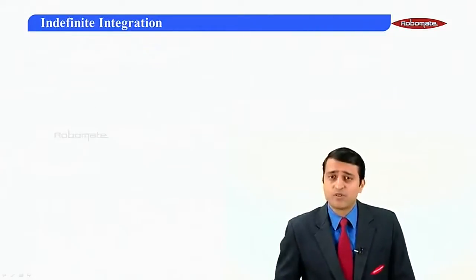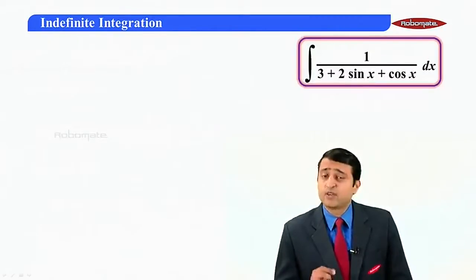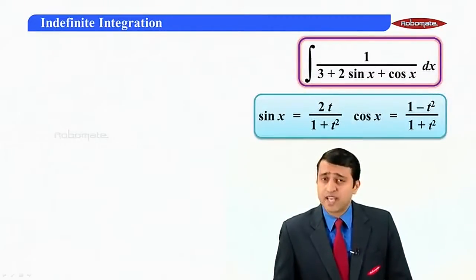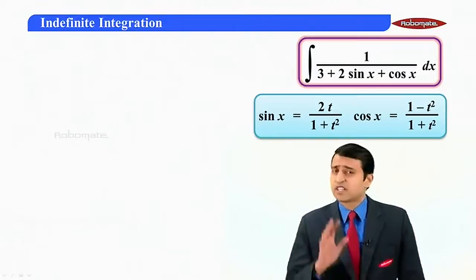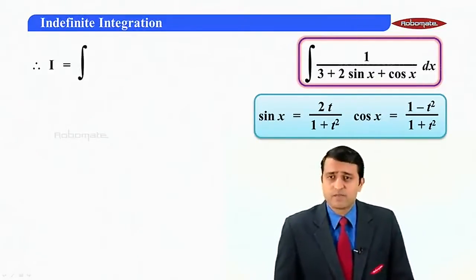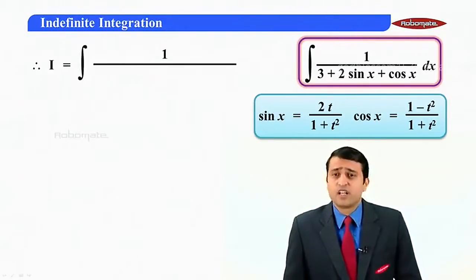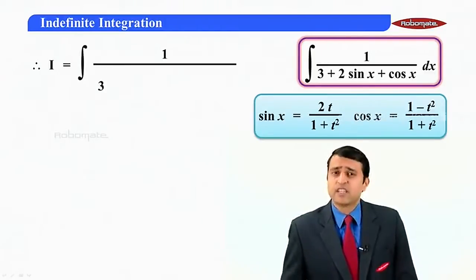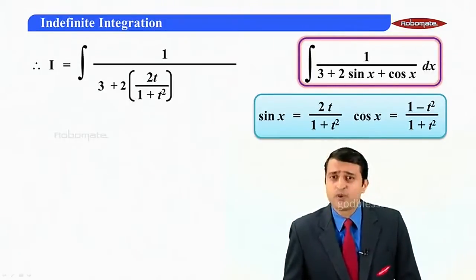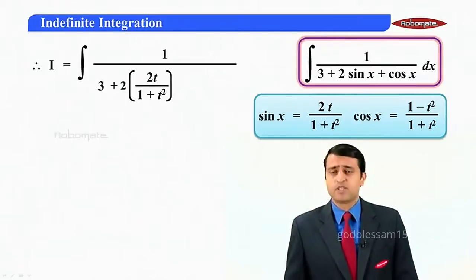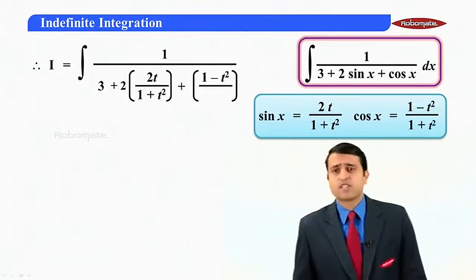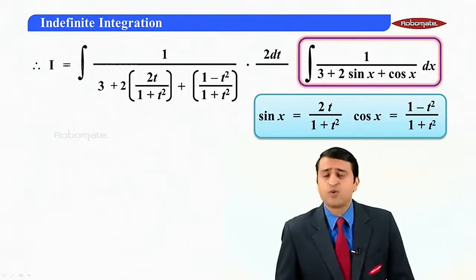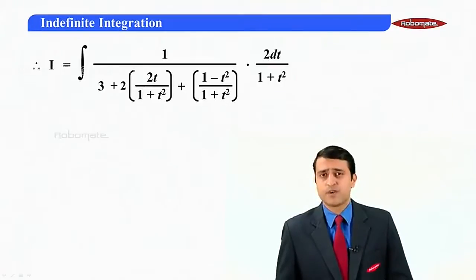Now these values I will have to give effect into this particular integral. So sin x, cos x I am keeping for your reference. The integral is also there. So let us make the changes. So the integral 1 upon, can I say 3 plus 2 into 2t upon 1 plus t square plus 1 minus t square upon 1 plus t square and 2 dt upon 1 plus t square.